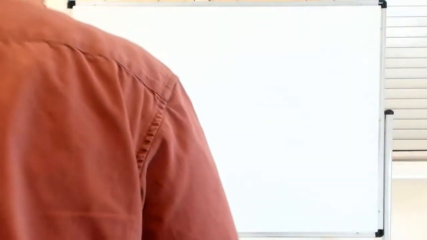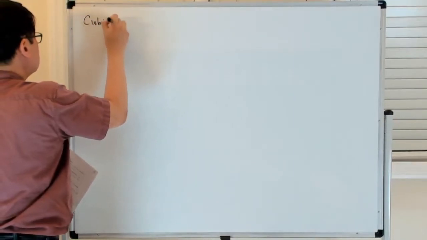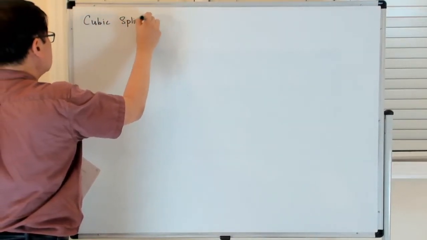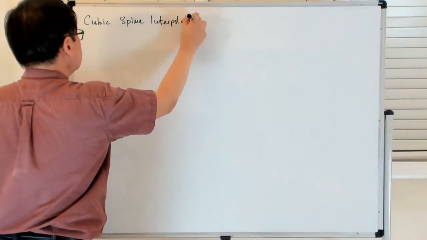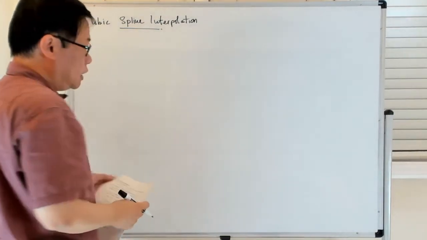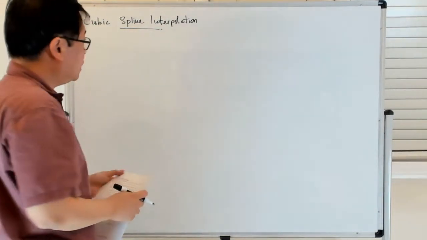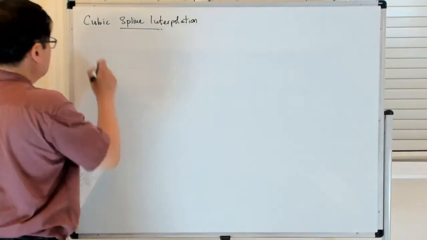Okay, so now we'll talk about cubic spline interpolation. So this is an example of a piecewise polynomial interpolant where, when you restrict to each subinterval, you have a cubic polynomial.